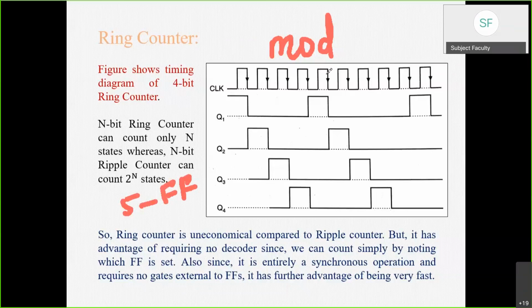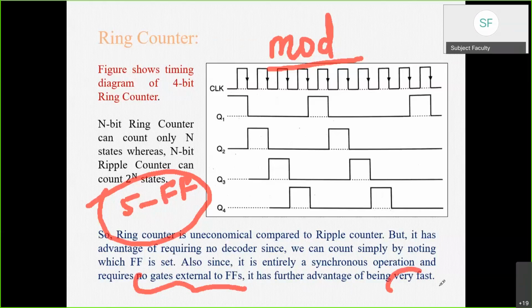In the asynchronous mod counter, we used external gates like NAND gate because you have to skip states. But here no skipping is required. And since no external gates are there, it has the advantage of being very fast.